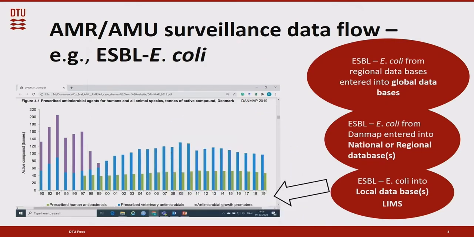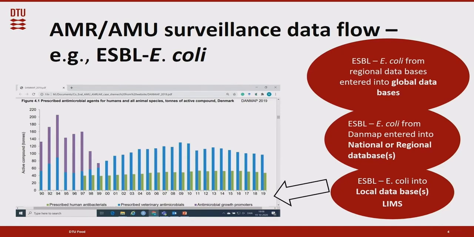If we discovered in our local database that we have an increase in an already existing resistance, we can go and look into our antimicrobial usage database to see whether we have used more or an increased amount of antibiotics driving that particular resistance.